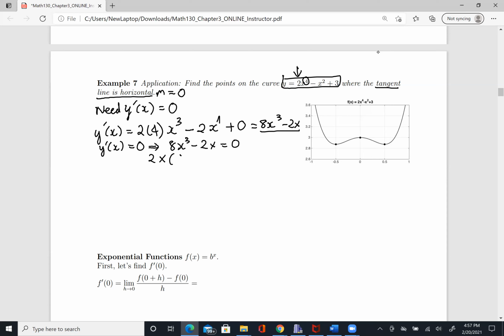I have 4x squared minus 1 equal to 0. Okay, so either you're going to have 2x equals 0 or 4x squared minus 1 equal to 0.